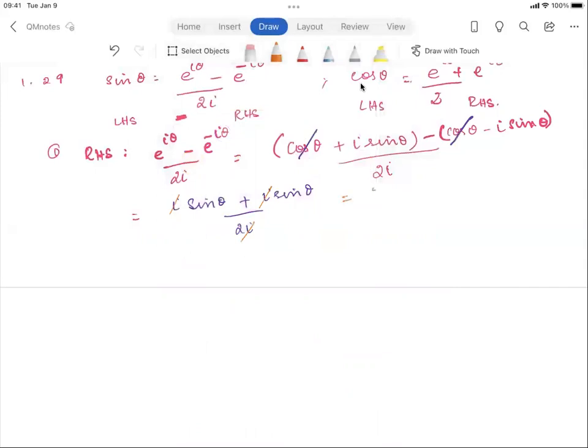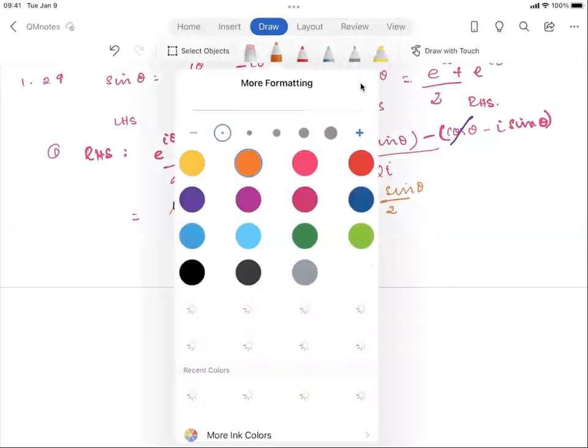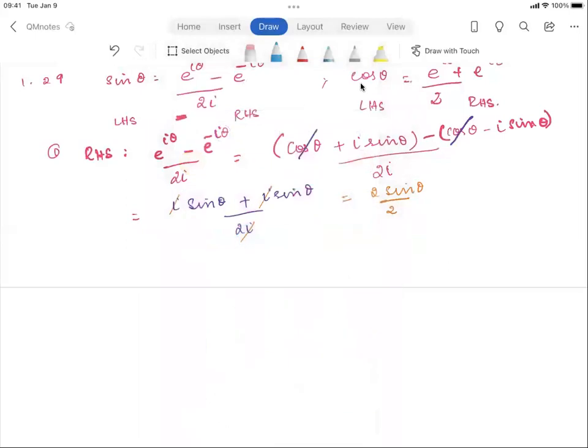And this will give me 2 sine theta over 2. And I'm going to cancel out the 2 to give me sine theta, which is equal to the left-hand side of the equation. So we proved that the right-hand side of the equation equals the left-hand side. So we have verified that.